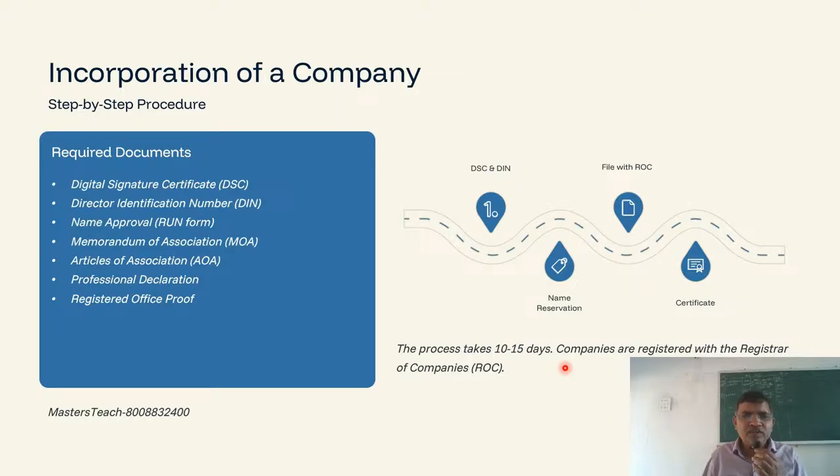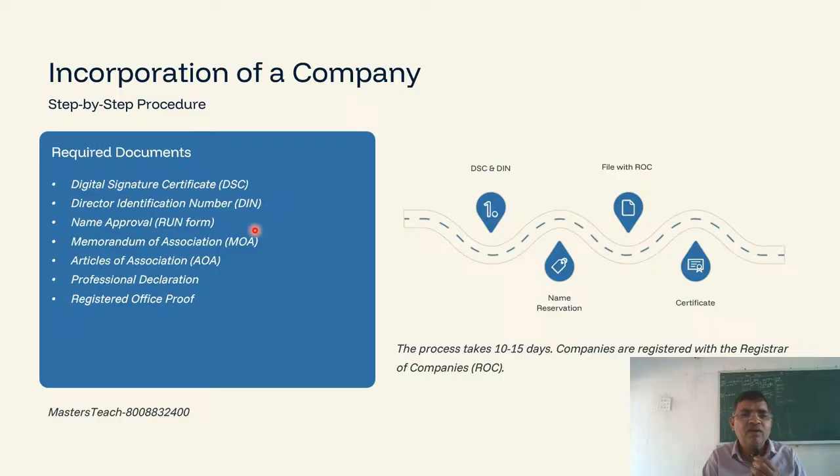So incorporation of a company, that means how to start a company, and what the required documents are. It is clearly mentioned as a step by step procedure. First you need to have a digital signature certificate, simply DSC, and a director identification number, that is DIN.